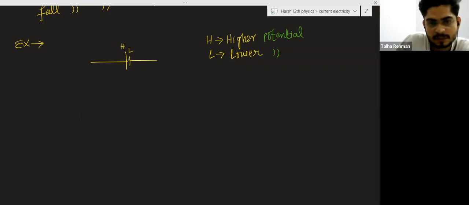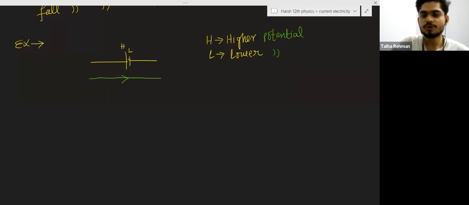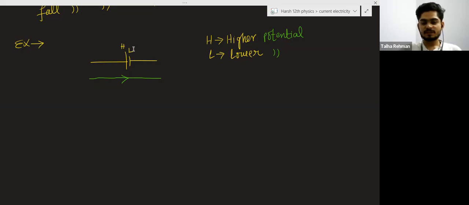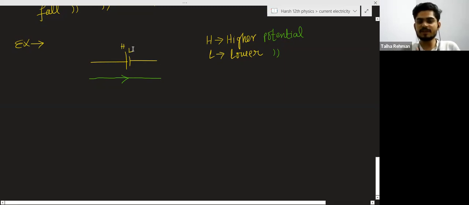Suppose you are moving in this direction in a circuit, from higher potential to lower potential. So is there a rise in potential or a fall in potential? There is a fall in potential.